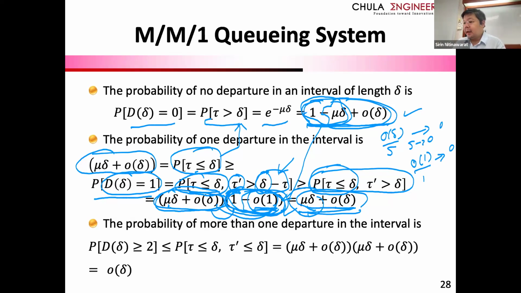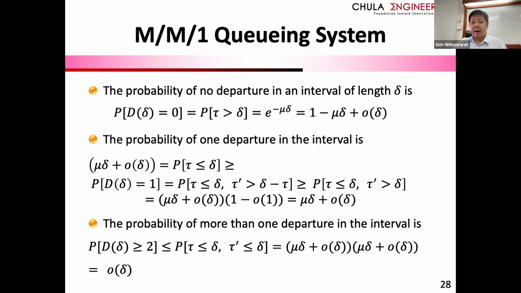So what do you think will be the leftover probability with more than one departure? It will also have to be little o of delta, right? Because if you sum the first two probabilities, it is already close to one less a sublinear term. So the leftover has to be little o of delta in the same manner as for the arrival process.